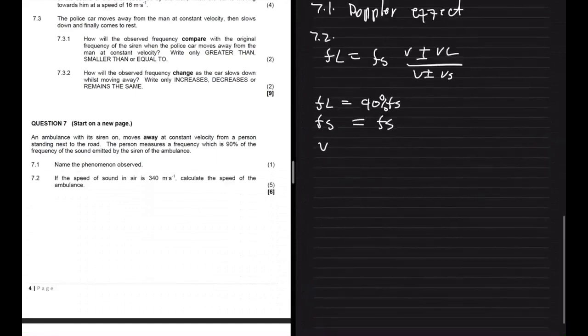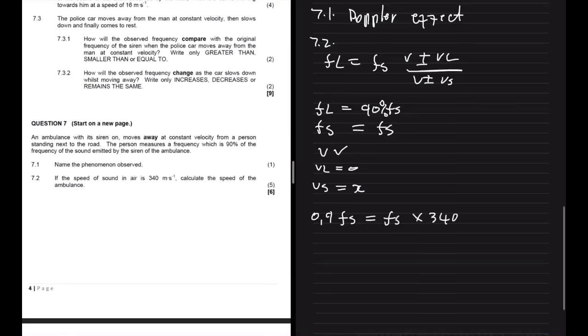V is just the speed of sound in air, and VL is 0, the observer is stationary, and VS is our unknown. So let's put that into the equation. FL is 90% of FS, so that's 0.9 FS, which equals FS itself multiplied by 340.